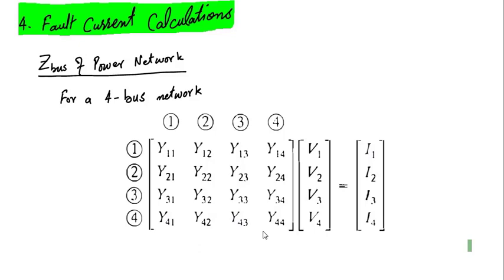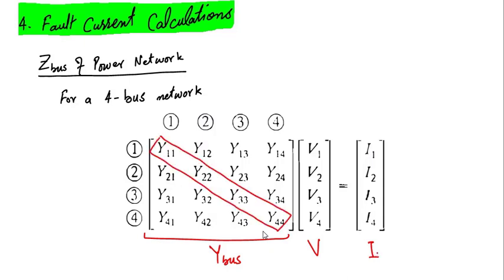Due to this reason this matrix is of prime importance. And you have already seen that we used this matrix to perform the load flow analysis. Here we have the Y bus, voltage vector and the current injection vector.